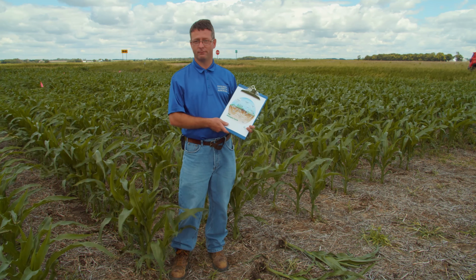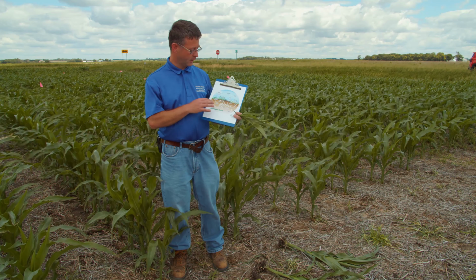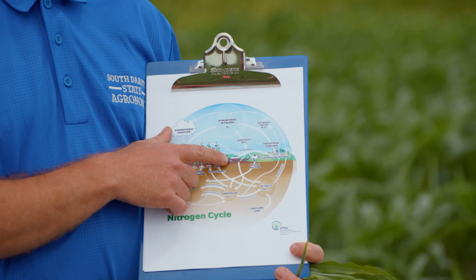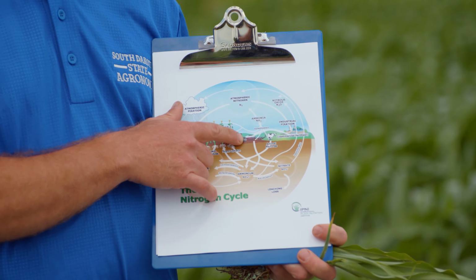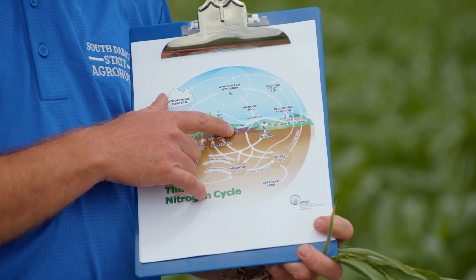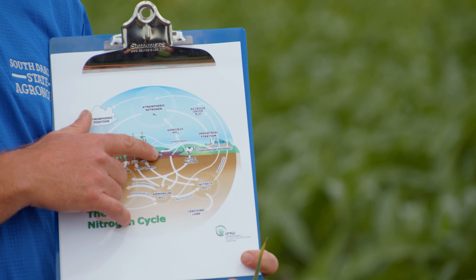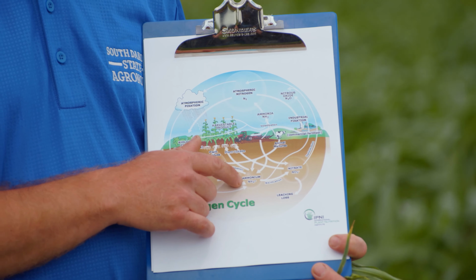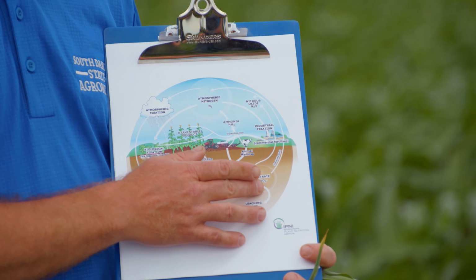Those of you who are not familiar, if you look at the nitrogen cycle itself, once we apply the fertilizer, and most of you are applying this fertilizer prior to planting, over time it will convert into ammonium and the nitrate form.